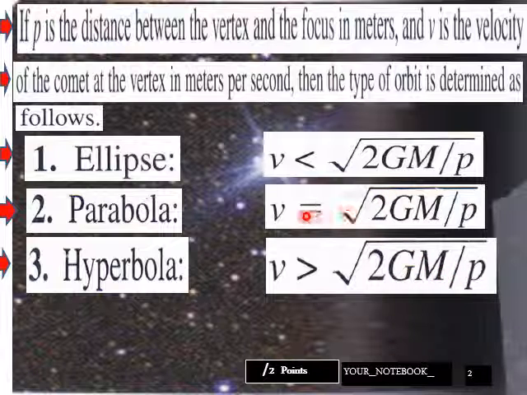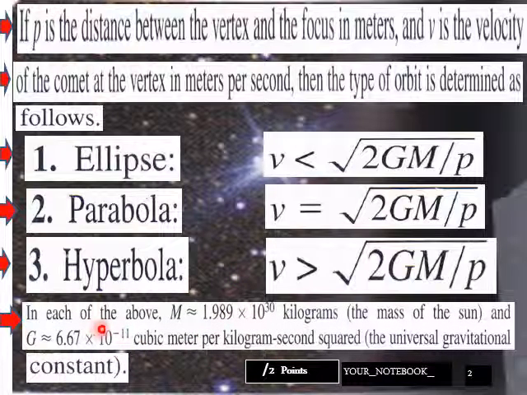So there's definitely a situation here of a parabola, V equals that. Ellipse, V is less than, and a hyperbola, V is greater than radical 2GM divided by P. In each of the above, M is approximately 1.989 times 10 to the 30 kilograms, the mass of the sun, and G approximates 6.67 times 10 to the negative 11th cubic meters per kilogram second squared, the universal gravitational constant.